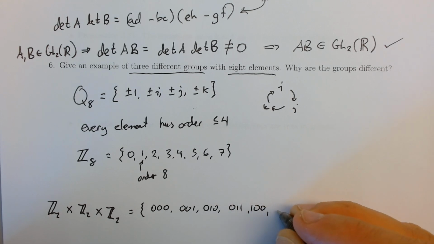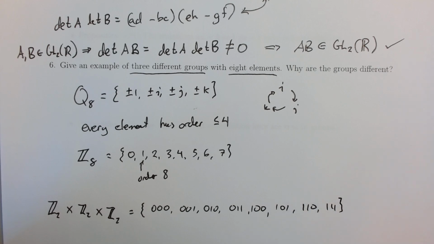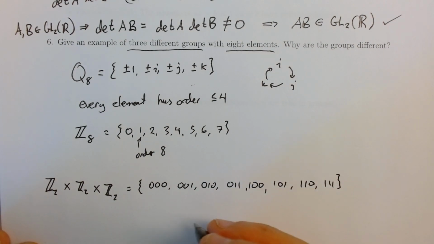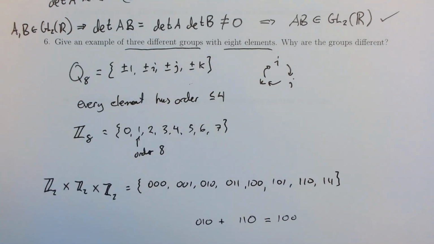So 0, 0, 0, 0, 0, 1, 0, 1, 0, 1, 0, 0, and so on. That's 8 elements, of course. And they add component-wise. If I took 0, 1, 0 and added that to, say, 1, 1, 0, then add the first component, it's 1, add the second one, mod 2, of course, I get 0, and then 0, 0. So that's how they would add together.